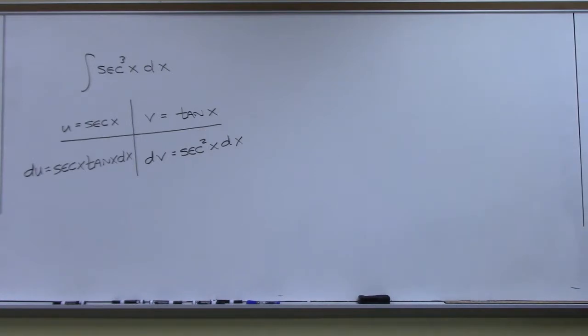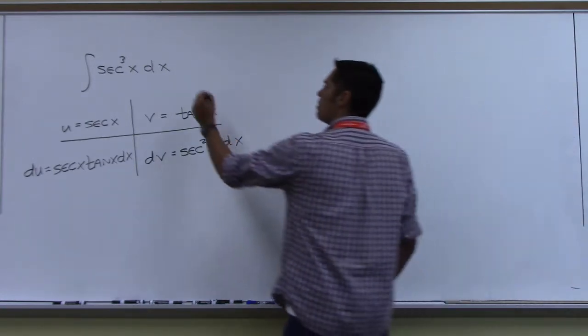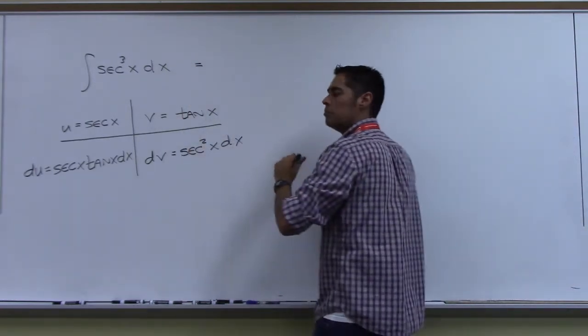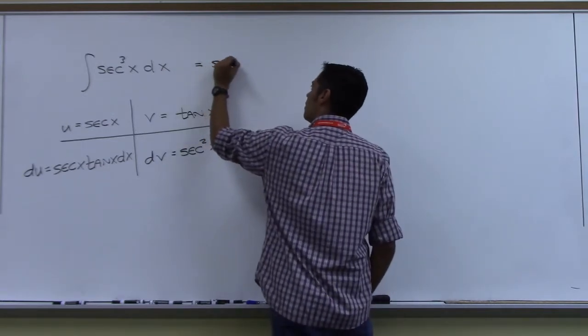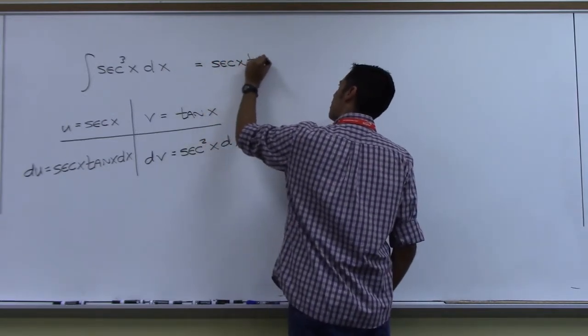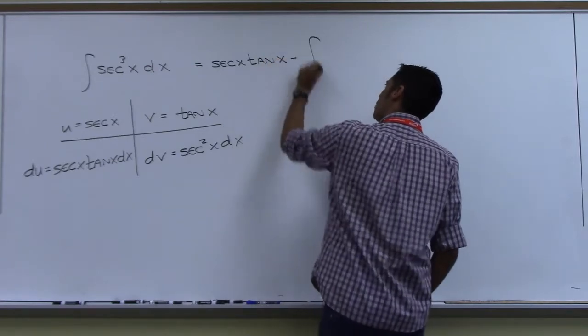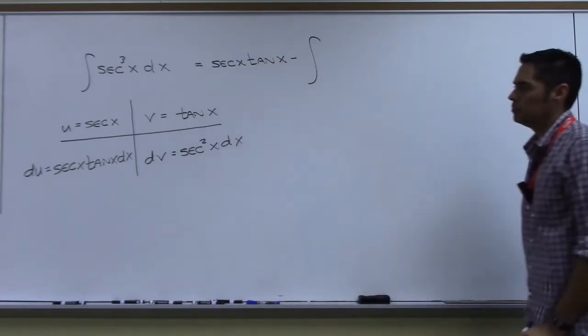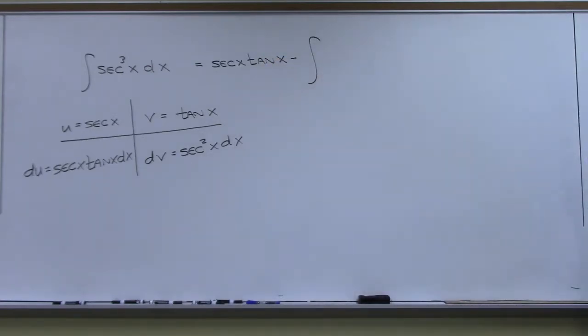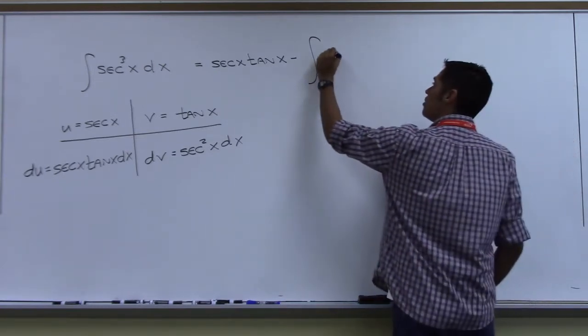We all right with that? All right, so this becomes ultraviolet minus voodoo: secant x tangent x, minus the integral of secant x times tangent squared x.